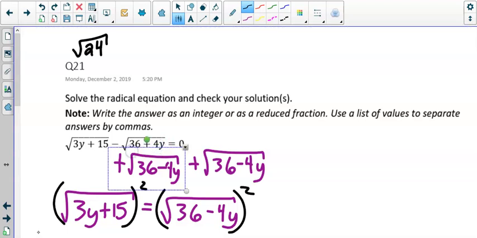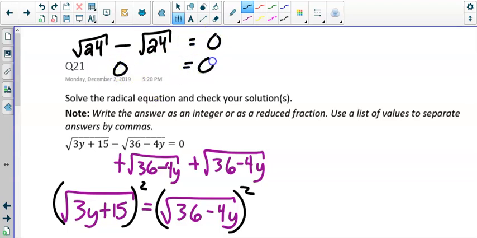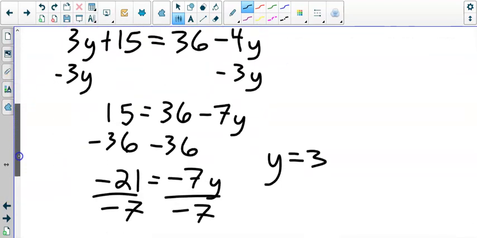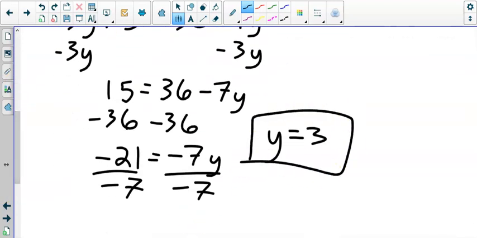And what's 36 minus 12? If I take the square root of 24 minus the square root of 24, is that 0? You bet. So is my answer valid? You bet. So in the end, I can put 3 in for my answer. It's good.